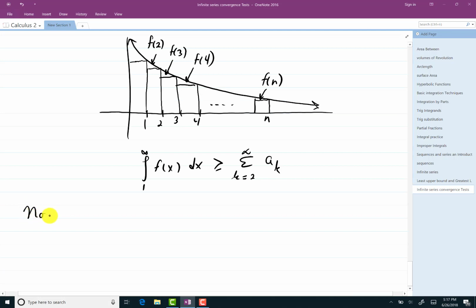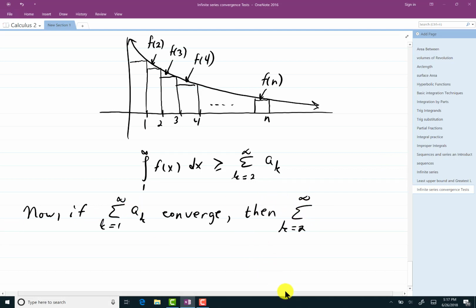Now, if the summation k equals 1 to infinity a sub k converges, then if you add up less terms, this also converges. These numbers are positive, so this is even a smaller amount. Then this converges, and the integral from 1 to infinity f of x dx converges.